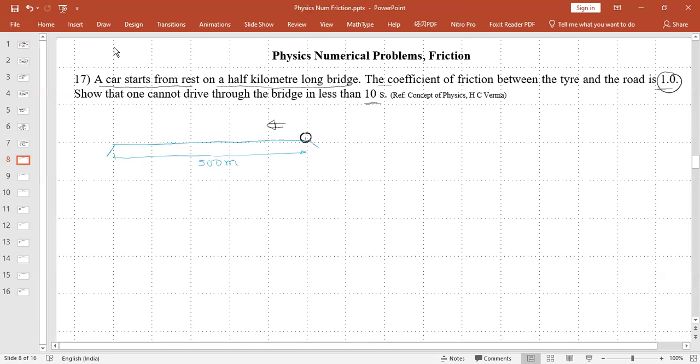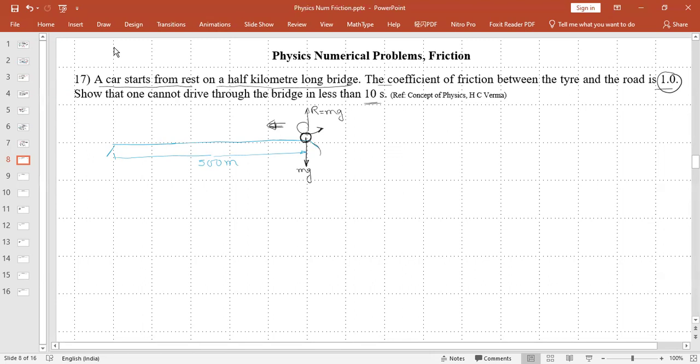Take the force diagram, force components. Downward is mg. Upward is reaction force R. In this case, R is equal to mg. And since the car is moving towards left, we have considered that when the tire is on the car and the tire tries to revolve, the tire goes from left to right on the surface of the road.